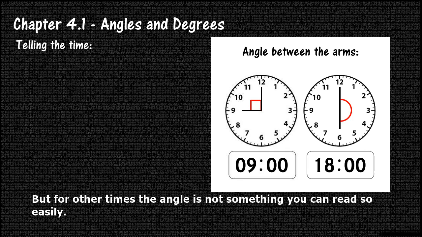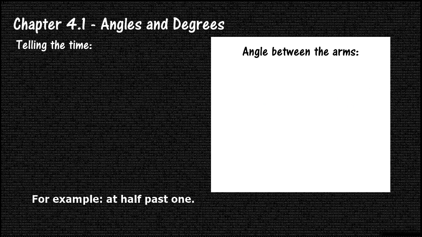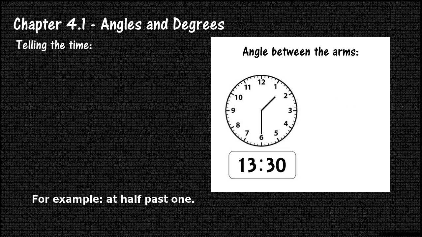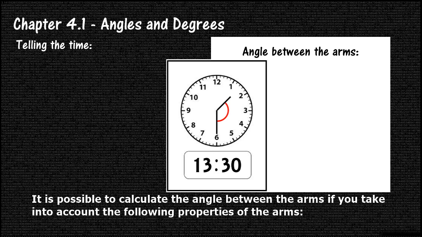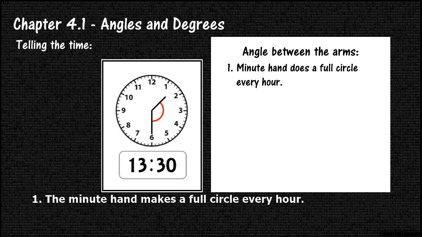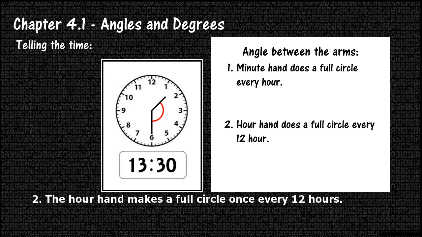But for other times, the angle is not something you can reach so easily. For example, 1:30. It is possible to calculate the angle between the arms if you take into account the following properties of the arms. The minute hand makes a full circle every hour. The hour hand makes a full circle every 12 hours. Knowing this, we can calculate the following.